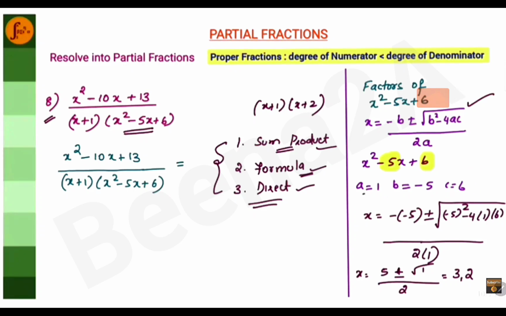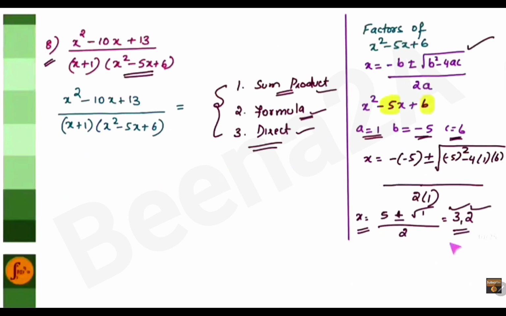So in this case, a is equal to 1, b is equal to minus 5, c is equal to 6. So we'll have to take the signs also. Take these coefficients, substitute in this formula, and then you'll get two values of x. One is when you use plus, and the other one is when you use subtraction, right? So you'll get two values, 3 and 2. The way we have to write these factors is, here we have got directly x values.